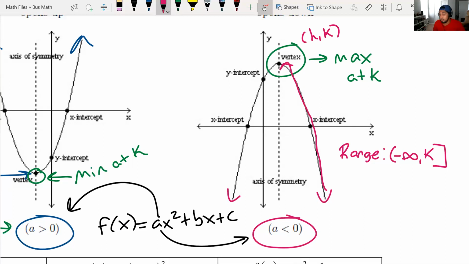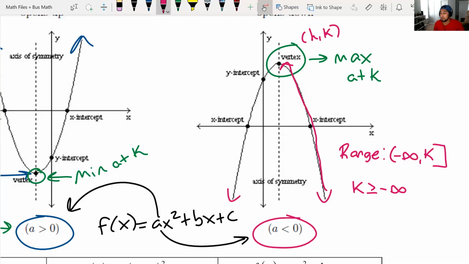Or MyMathLab may put it as k must be greater than or equal to negative infinity. Whoops, sorry, my bad, reverse. Okay.